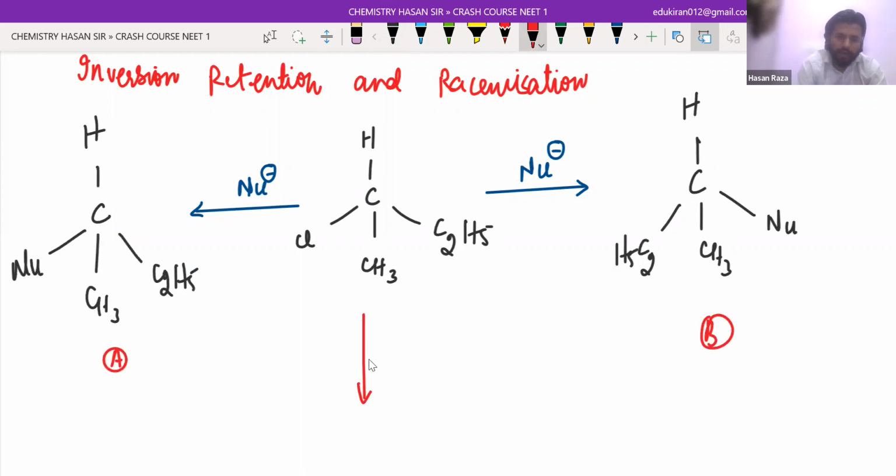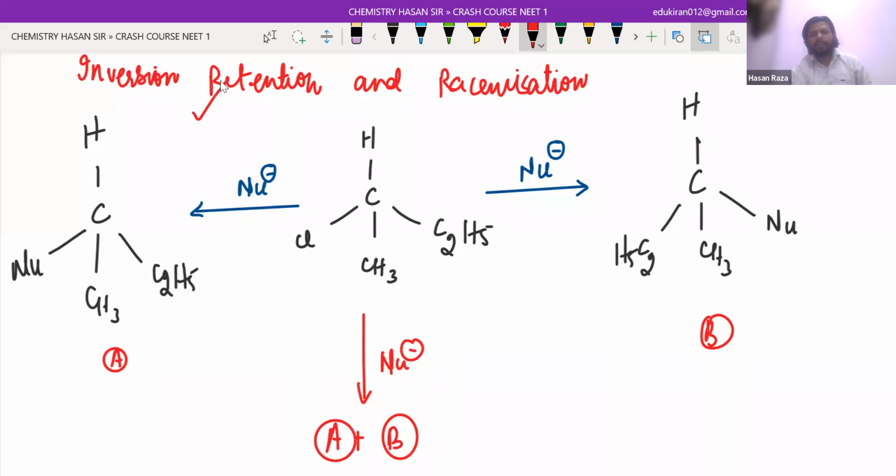And if you are going to react from here, nucleophile, you are getting A. See what happens here. In this reaction, on the left hand side, you can see nucleophile react with this reactant and just replaced chlorine where chlorine was.